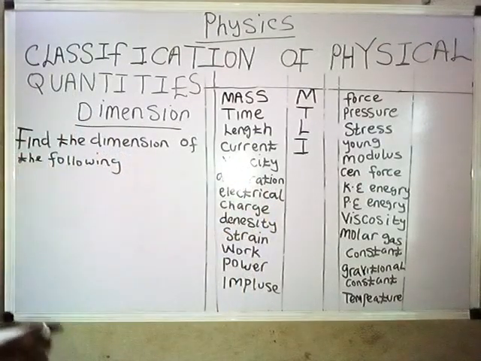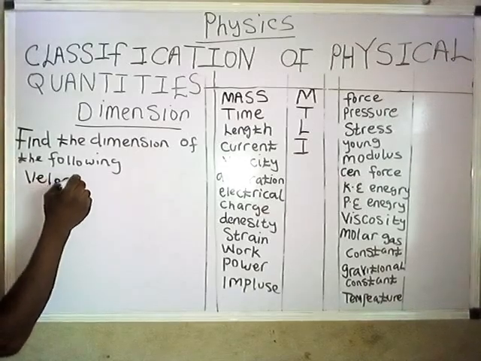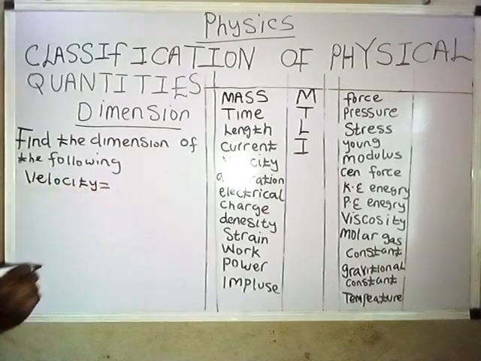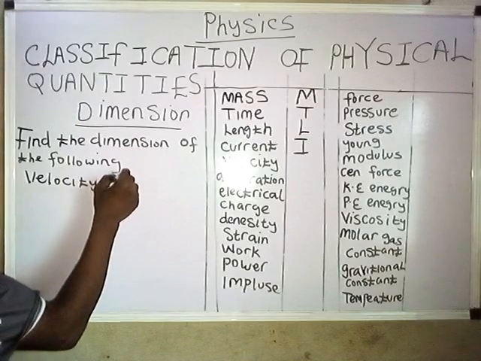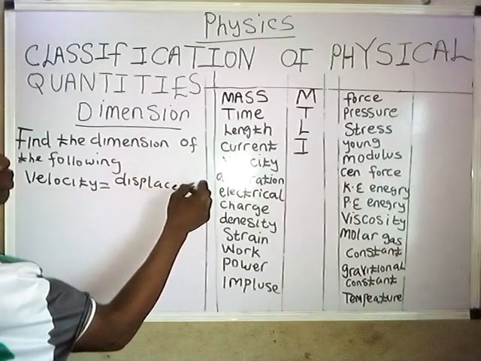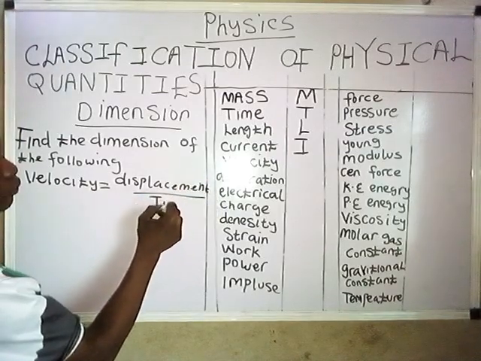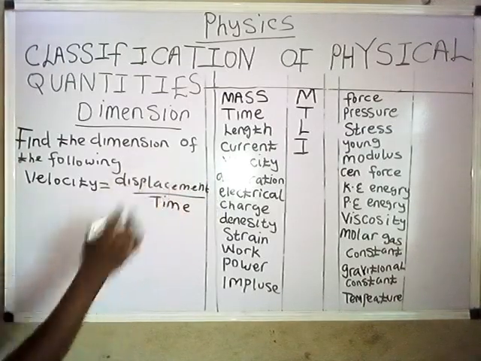First of all, what is the formula for velocity? Velocity can be defined as the change of displacement with time. So displacement with what? With time. So what is displacement?